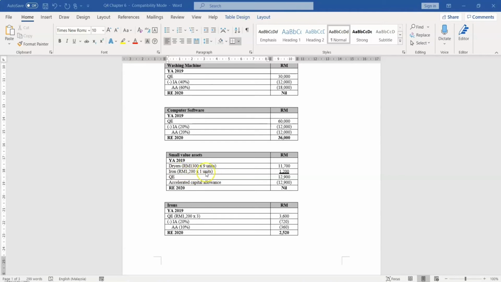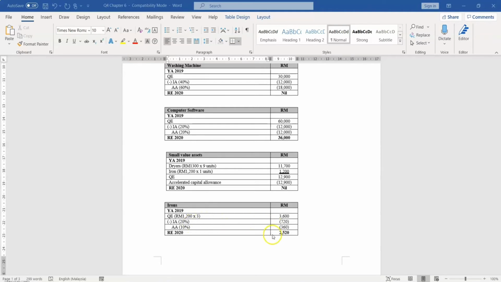And then for the irons, because the irons have 4 units, and we just add 1 unit here, the 3 units left we will calculate at this. So for the irons' qualifying expenditure, we will follow the normal procedure. 1,200 each, we times 3, and then we get the qualifying expenditure, and then minus initial allowance and annual allowance of 20% and 10%, because it is considered as furniture and fittings for the laundry services.